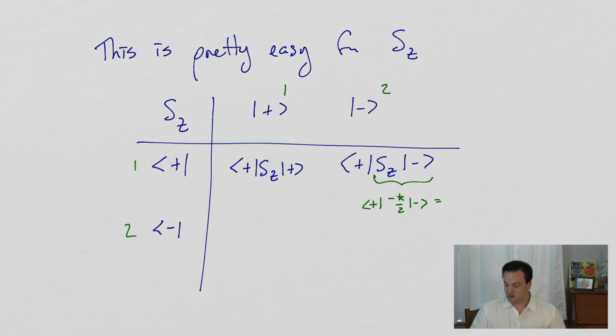The minus h bar over 2 comes out, and I'm left with <+|->, and what is that? That's 0, because plus and minus are orthogonal to each other. So I can do all 4 of these, and now I encourage you to do the other 2 the way that I've done these.